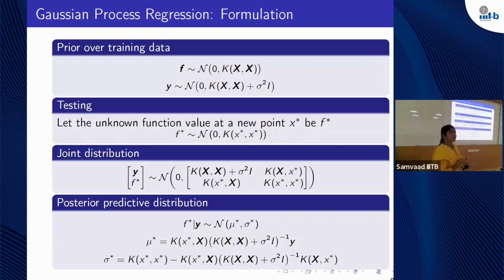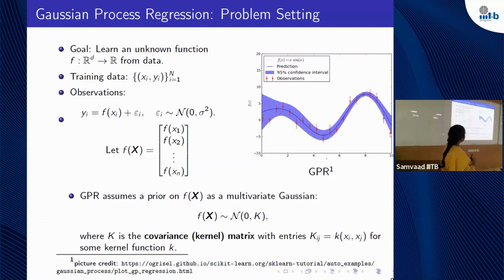So the summary is that if I'm given a new x star, I'll say what f star given y is. That is, I'll say what the distribution of f star is. The f star, or f of x star, belongs to this Gaussian distribution with mean mu star, and this is the variance. So that is the reason here in this figure I don't predict just one point for a given x star, but I predict a band of values.